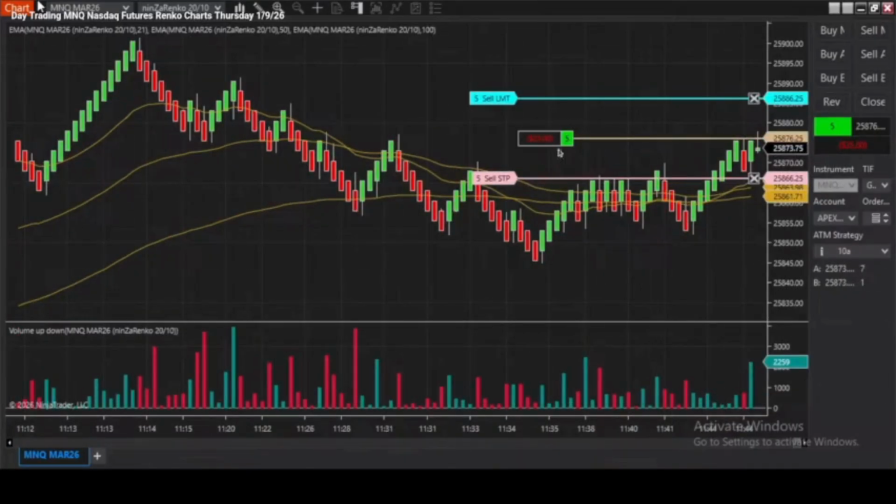I see I took 5 again here. Probably not that good of an idea, but let's see what happens. So we came down, failed ABC move, impulse up, and I'm going for the continuation.